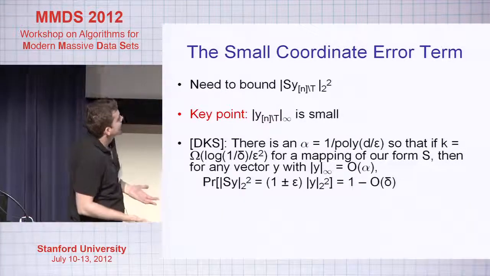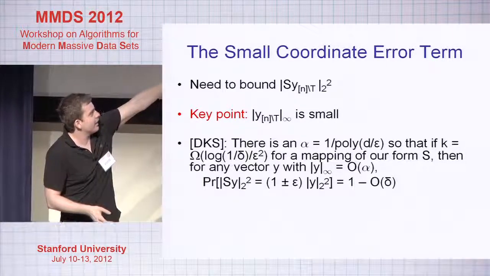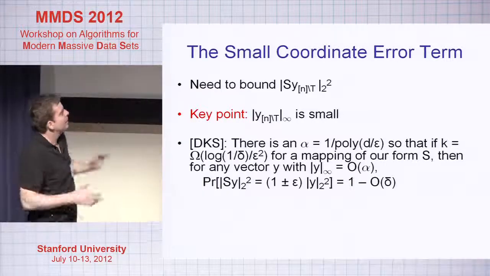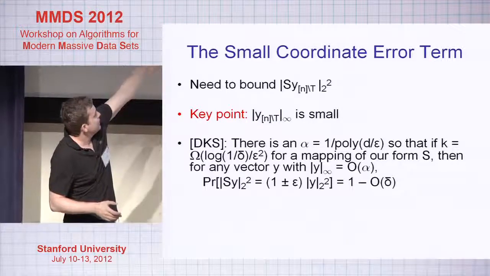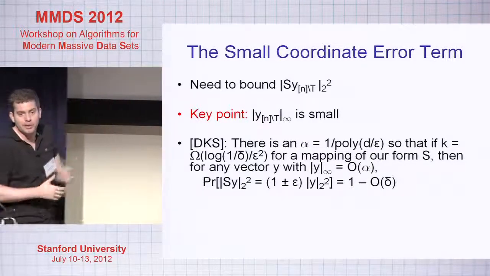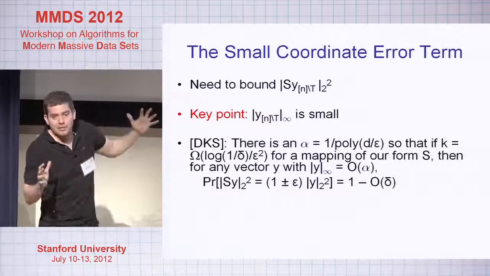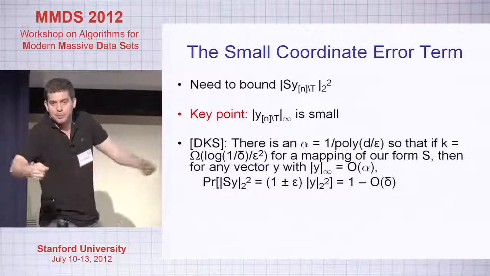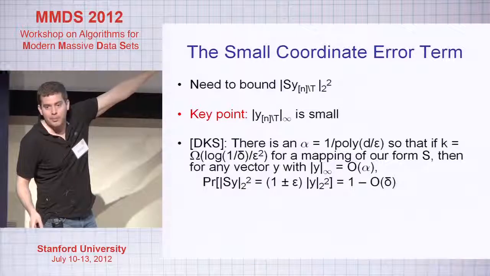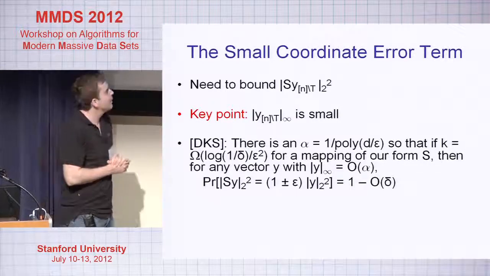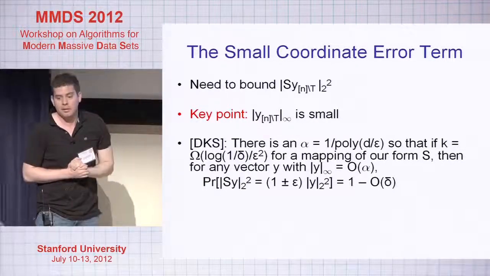So the technical statement is that there's some alpha, which again is like 1 over poly d over epsilon, so that if we choose our number of rows k to be sufficiently large, log 1 over delta over epsilon squared, then for mappings of our form S, which are just these hashings and inner products with sign vectors, for any fixed vector y with infinity norm at most alpha, its 2 norm is preserved by S with very high probability.